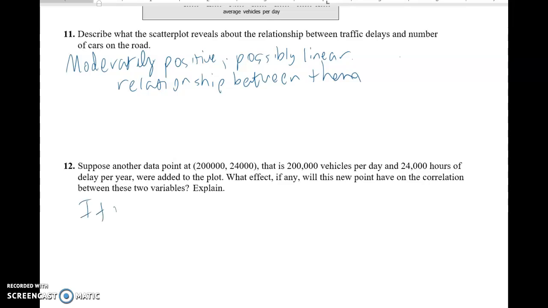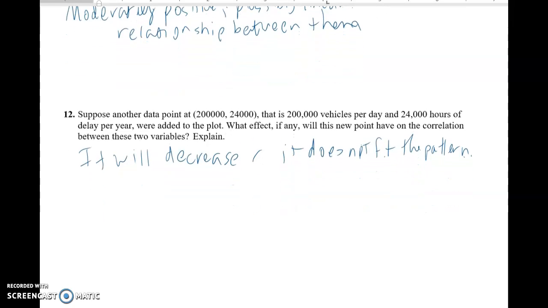It will decrease the correlation because it does not fit the pattern. Okay? And in a linear regression, the slope might be flattened out a little bit. That's always a result of decreasing the correlation.